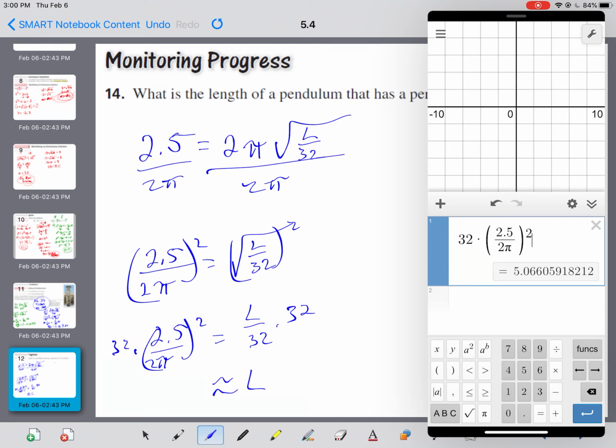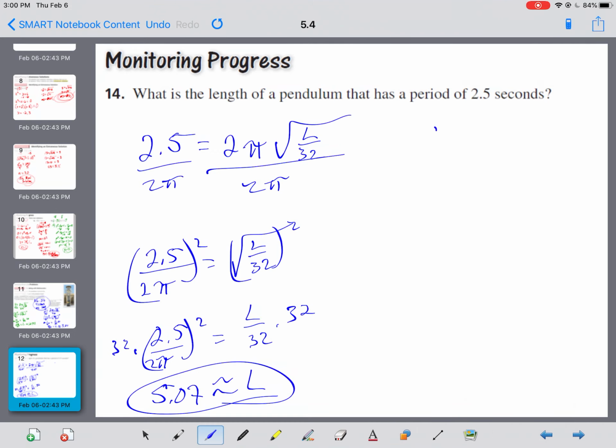So 32 times 2.5 divided by 2 pi squared is about 5.07 when we round it. Should be something like that. Forgot to tell you to pause it, but just went ahead and showed you how to go. Just plugging it in. That's all it was. Waited till the end to do everything so that it would be as little rounding as possible.